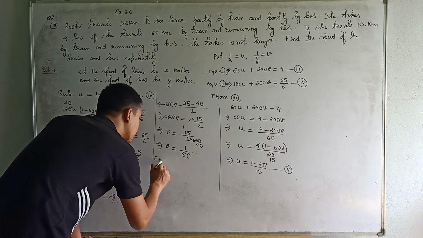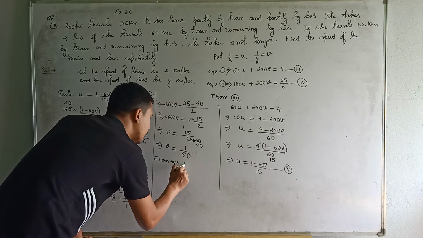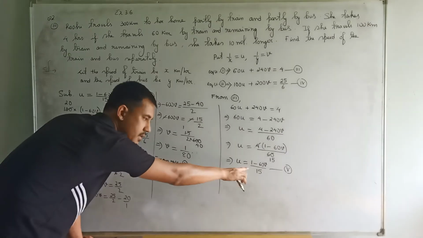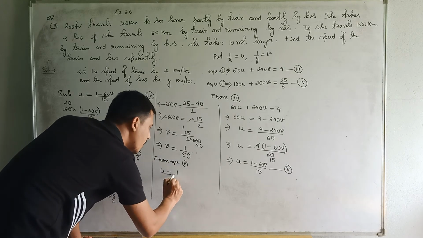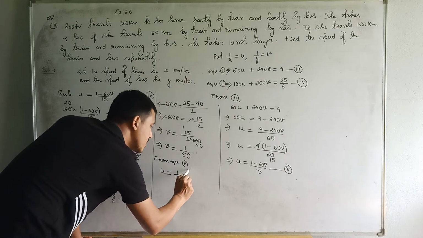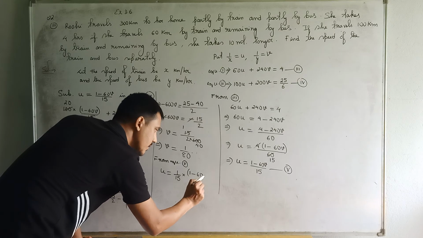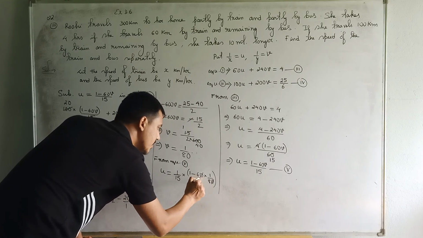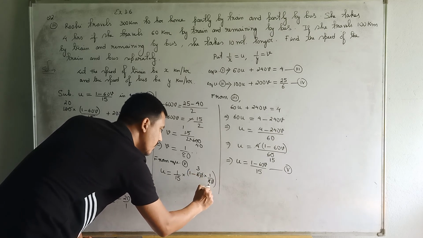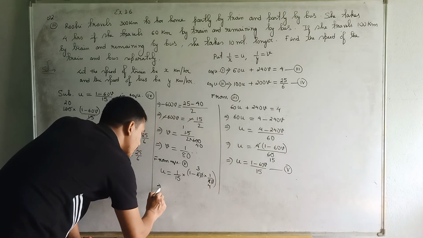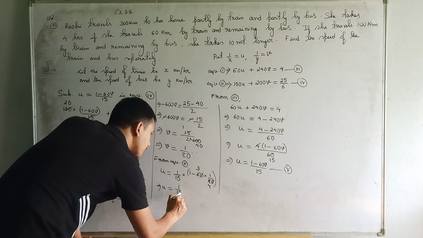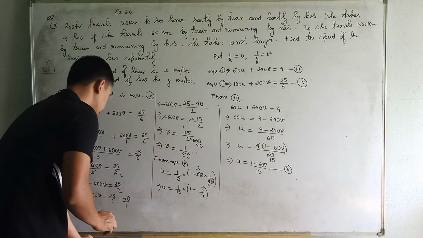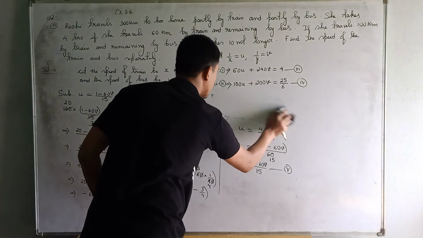So from equation 5, your equation 5 is u equals to, can I write like this? Can I write u as 1 by 15 times 1 minus 60v? v is 1 upon 80. 2 3 times is 6, 2 4 times is 8. So u is equal to 1 by 15 times 1 minus 3 upon 4.